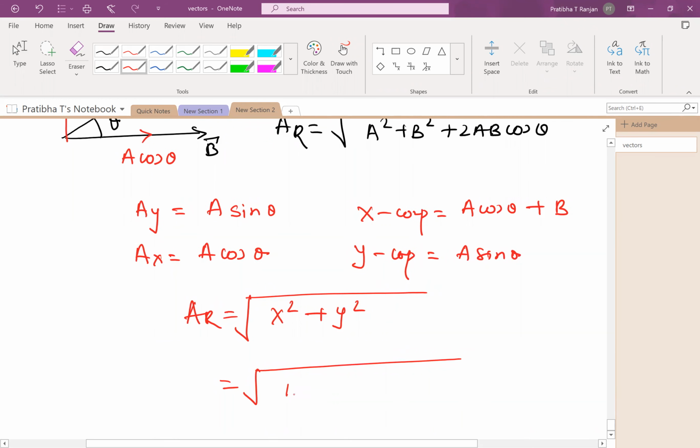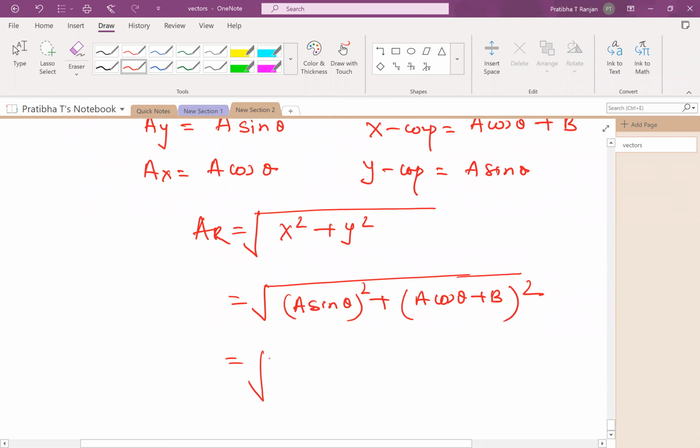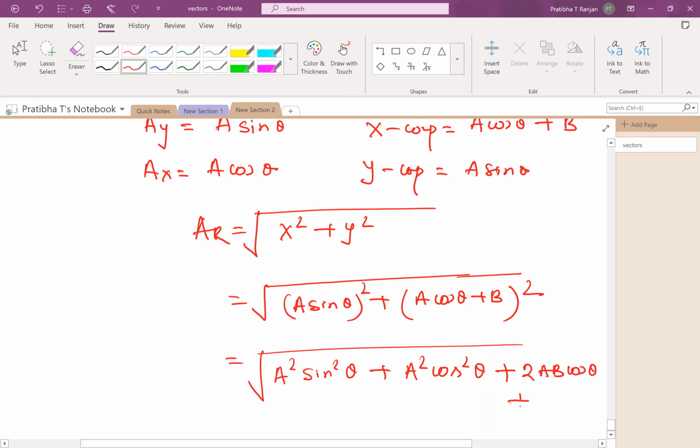So I can write a sin theta squared plus a cos theta plus b squared, and this will be a squared sine squared theta. Here we can use the a plus b whole square, so it will be a squared cos squared theta plus 2ab cos theta plus b squared.